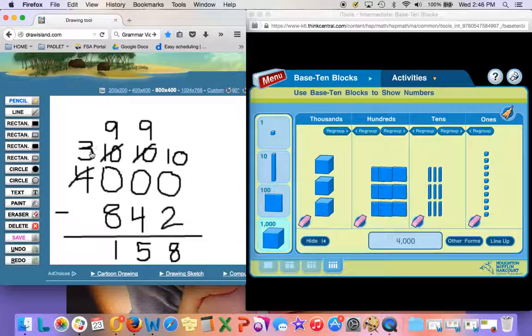And then 3,000 take away no thousands here gives me 3,000. So I'm going to start from the right, 1, 2, 3 place values, and add a comma. So I would read this 3,158. If I wanted to check and see if my answer was correct, I could use inverse operation.